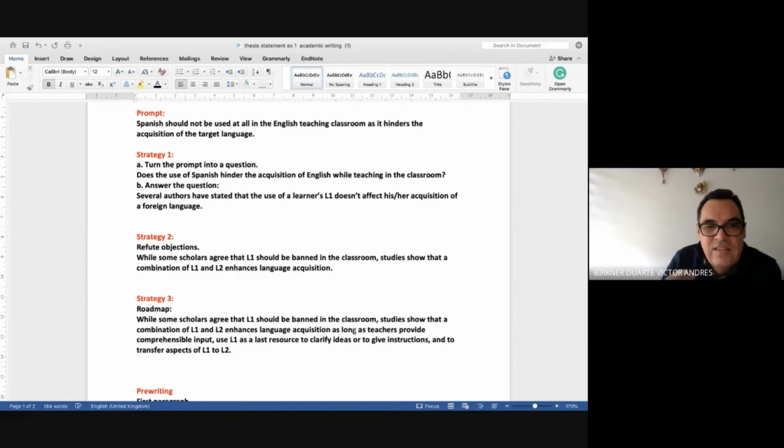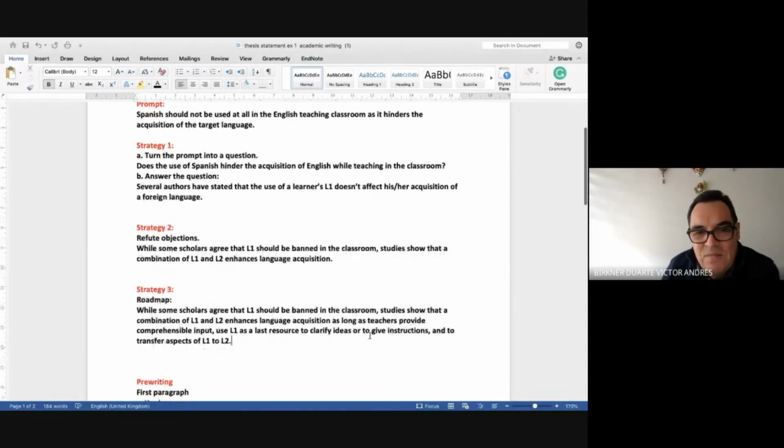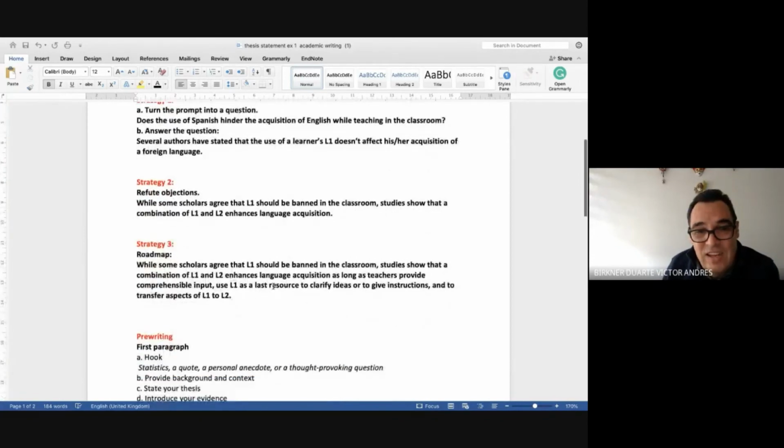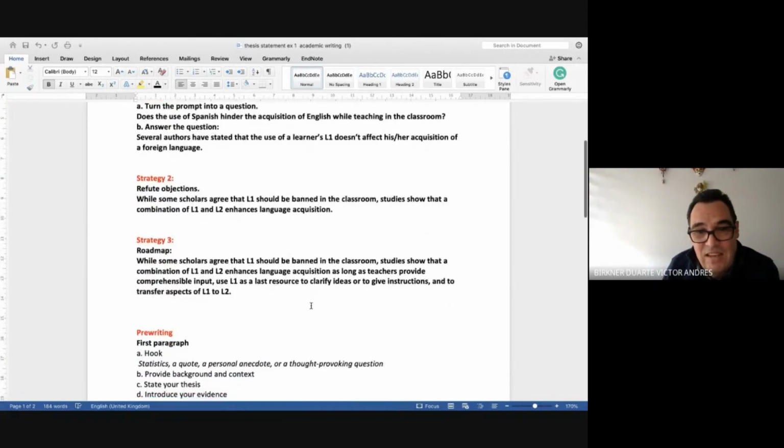And I think this thesis statement would be stronger because I'm not just showing the two sides of the same coin, but at the same time, I mention how I will prove that the combination of L1 and L2 enhances language acquisition by using comprehensible input, using Spanish as the last resort to clarify ideas, and to transfer some aspects of the mother tongue to the English language, right?